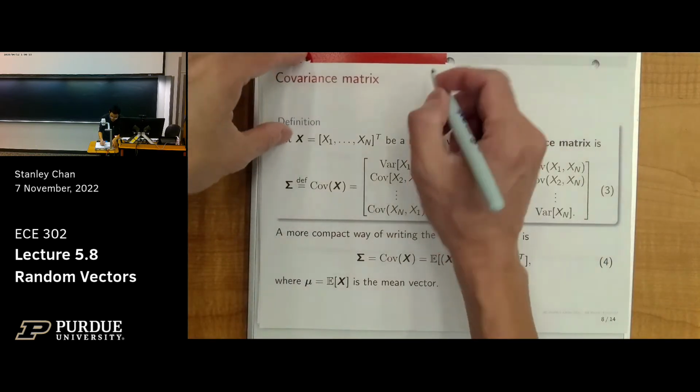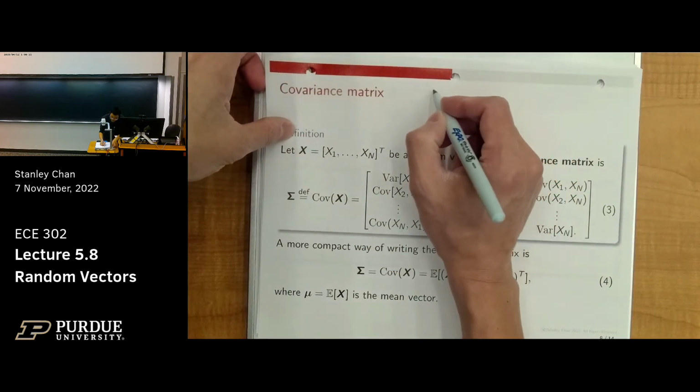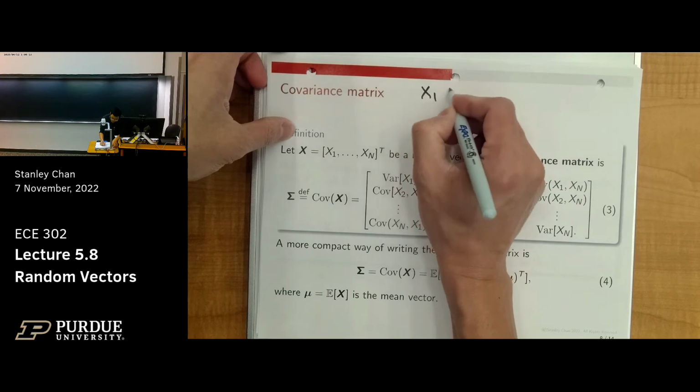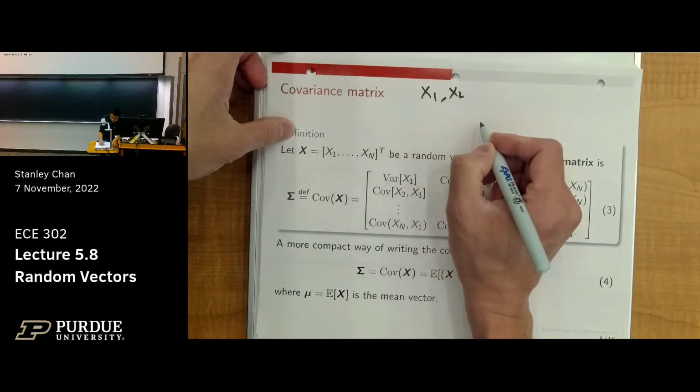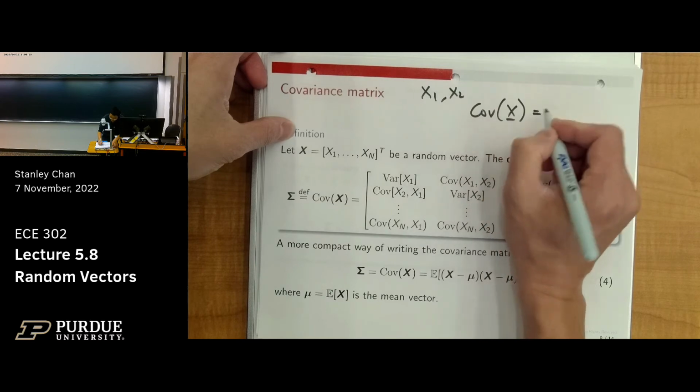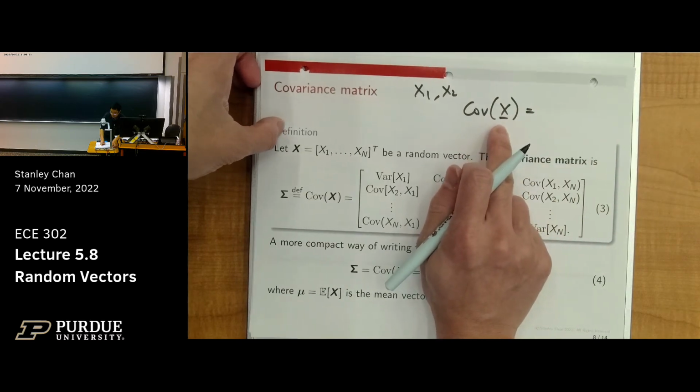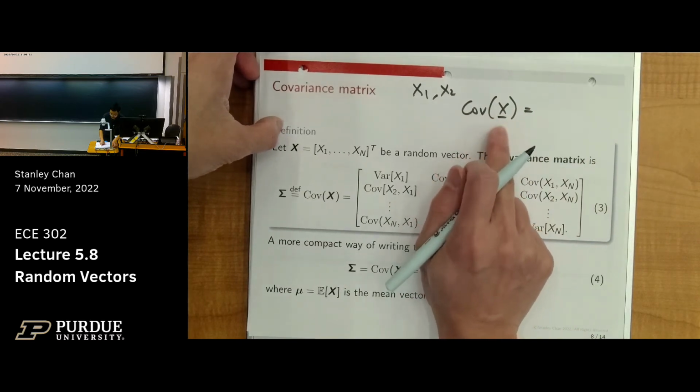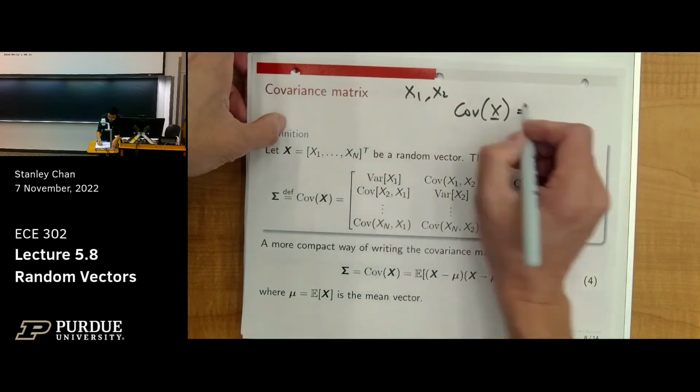So you can imagine that if I have two random variables, x1 and x2, then my covariance matrix of x, I put a vector here to denote this as the covariance of this vector x, which contains two elements.